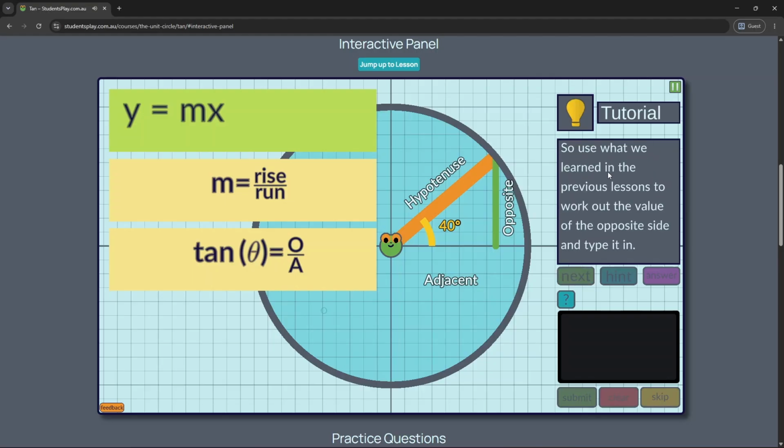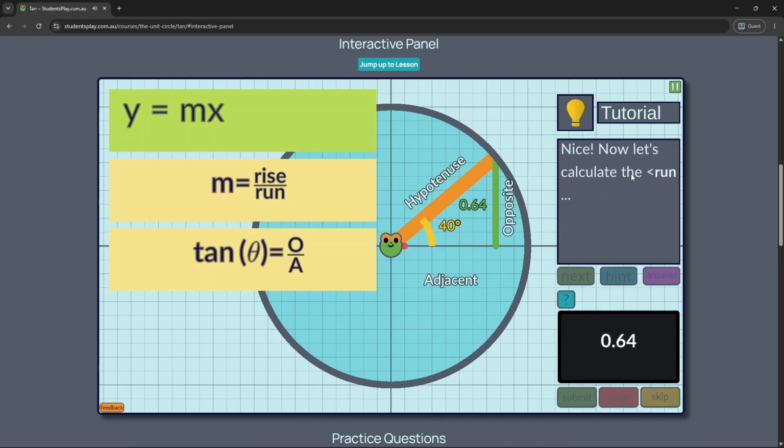So use what we learned in the previous lessons to work out the value of the opposite side and type it in. Okay, so finding the length of the opposite side, we were using sine to do that. So just sine 40. So on the calculator, sine 40 equals 0.64. Nice, now let's calculate the run.